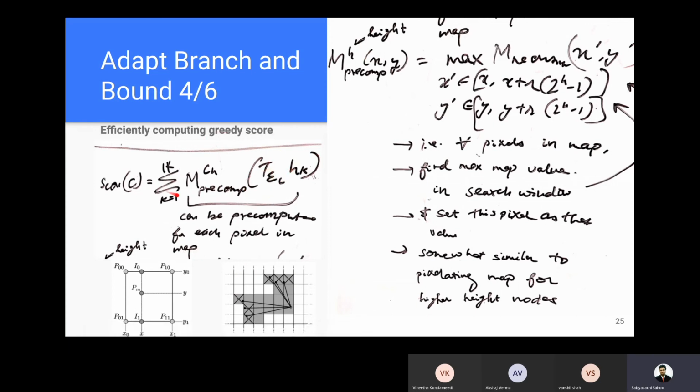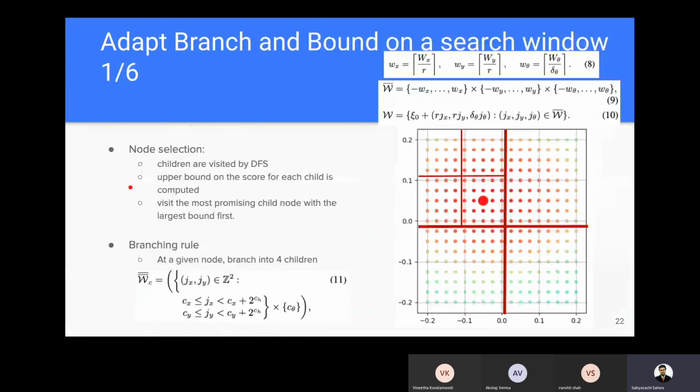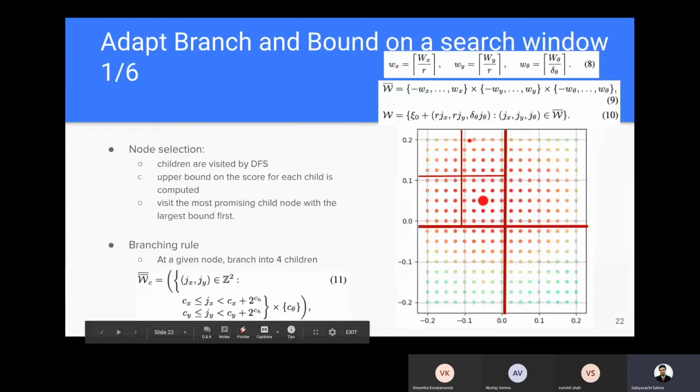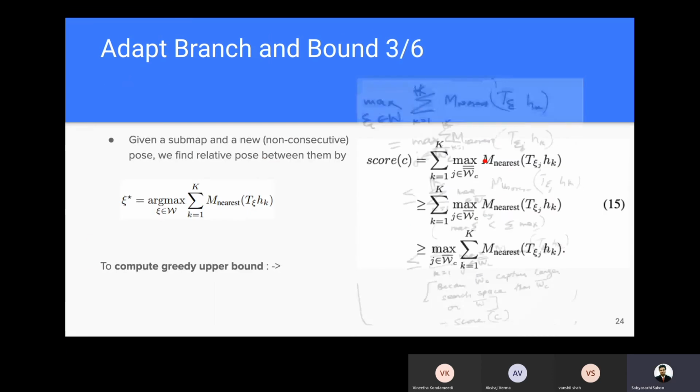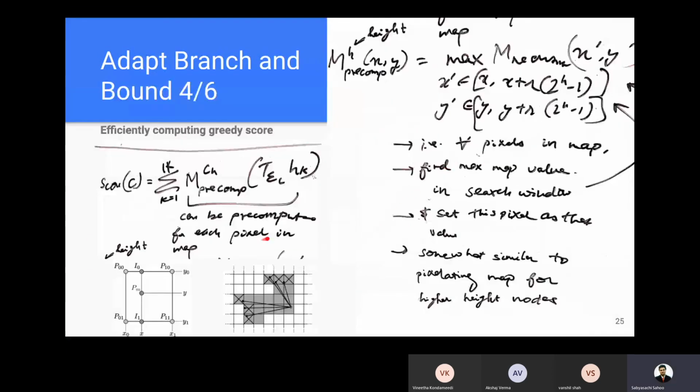If you have these pre-computations ready, you can just sum up these values over all those individual pixels and finally get the upper bound for any given partition. We'll show how the pre-computations come into being, and once we have pre-computed values of the maximum that this point can help achieve, we'll do the sum.